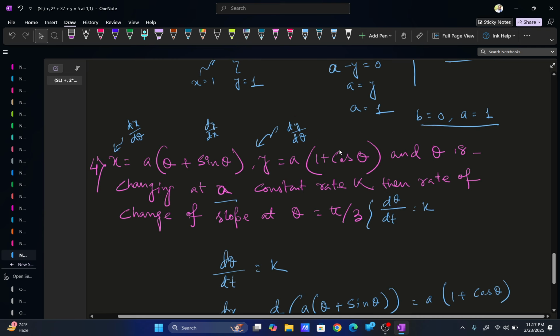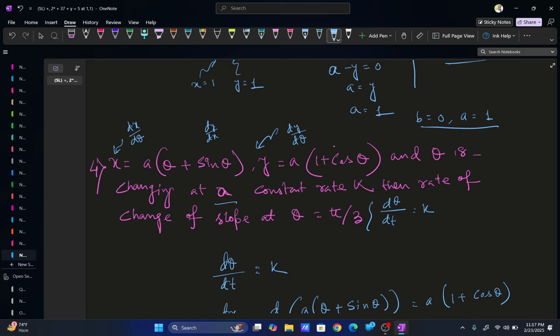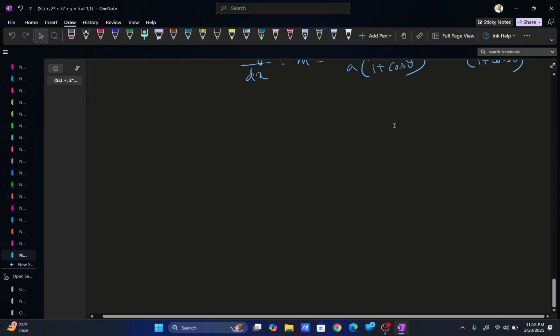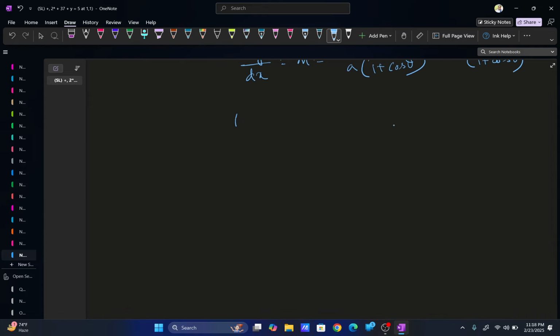In that case, the slope is not varying with time directly, it is varying with theta. So we find dm/d theta, which is d/d theta of minus sine theta over 1 plus cos theta.